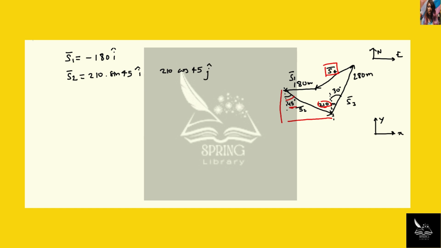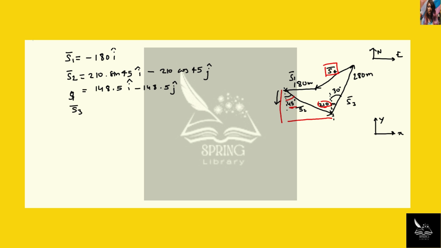But note that the y component is in the downward direction, which means it should be negative. Now, if you plug this into a calculator, you can see that it is equal to 148.5 i cap minus 148.5 j cap. Of course, the units are all in meters.